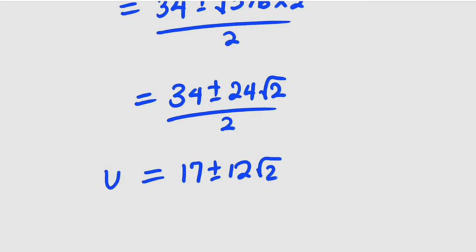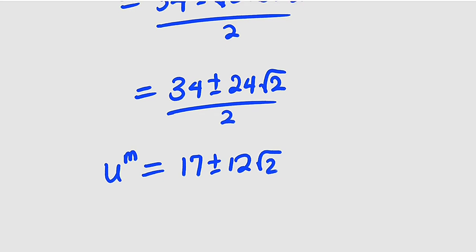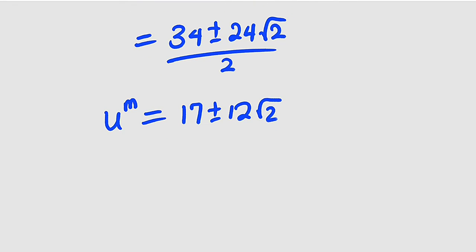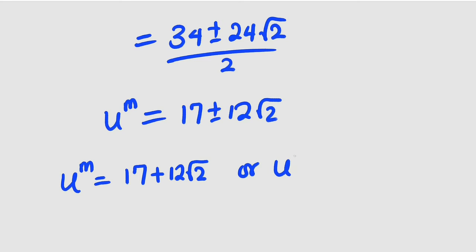Remember that this is what? U to the power of m. Let us split it into u to the power of m equals 17 plus 12 root 2, or u to the power of m equals 17 minus 12 root 2.